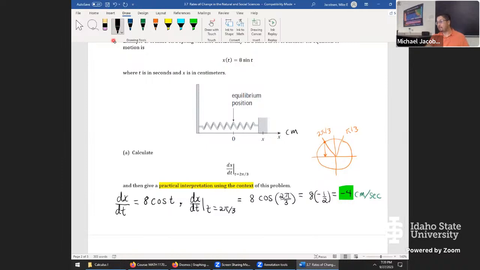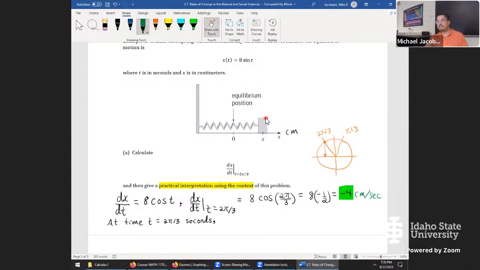We can say at time t equals 2 pi over 3 seconds. So we need to mention the exact time in question when it comes to these kinds of derivatives. It's about what's happening to the mass. We have a velocity of -4 centimeters per second.